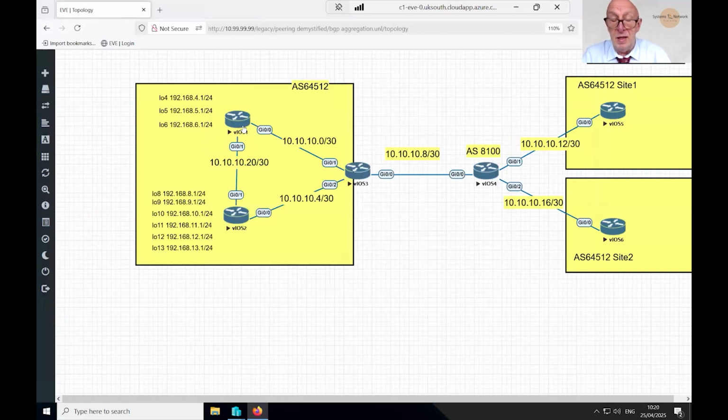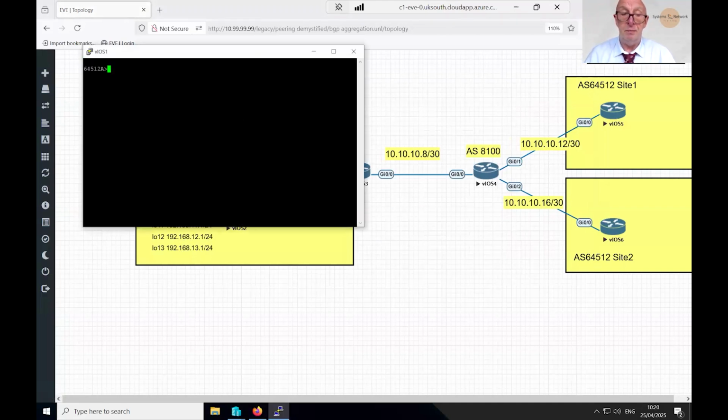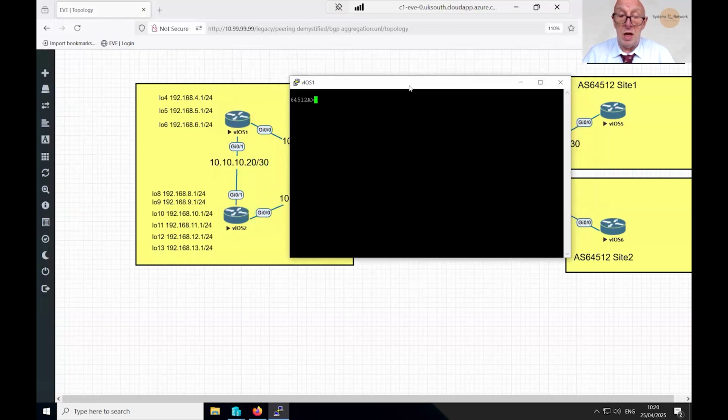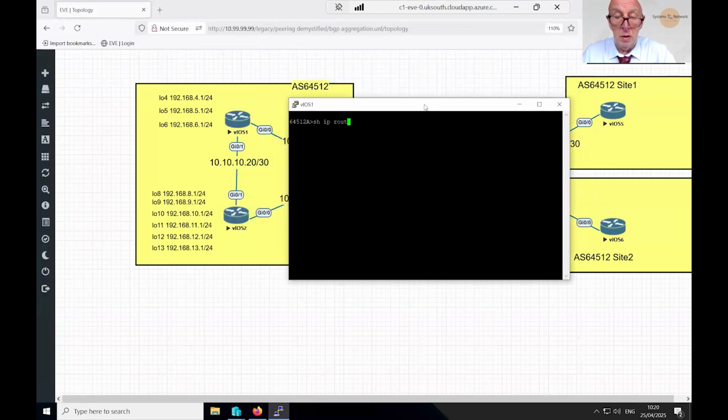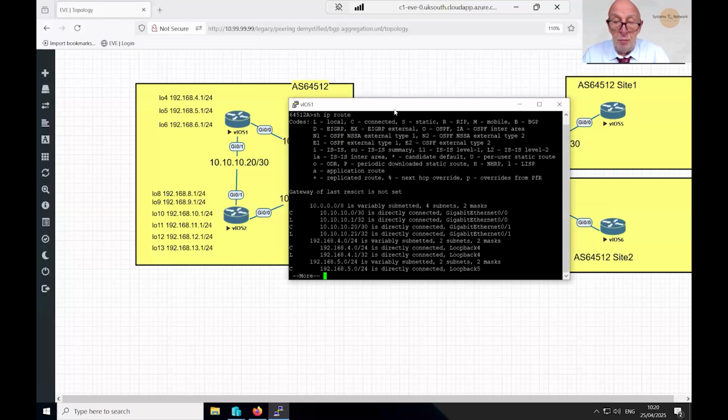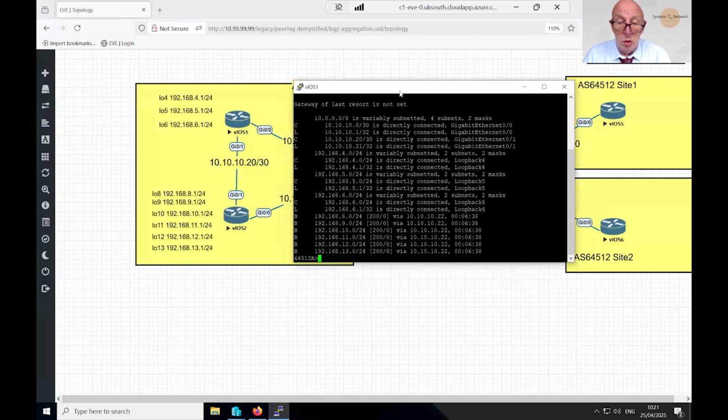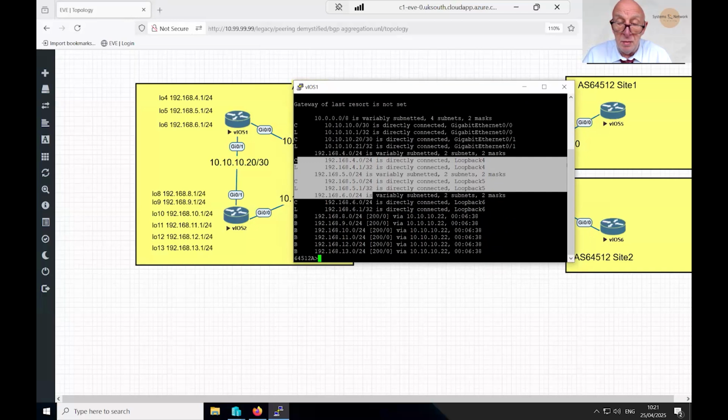So what I'm saying here is that on this top device, I have networks 192.168.4.0, 5.0, and 6.0. And on the bottom one, I have 8.0, 9.0, 10.0, 11.0, 12.0, 13.0. These are all contiguous. If I type in on here, show IP route, we should find references to 192.168.4, 192.168.5, and 192.168.6.